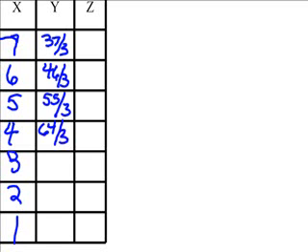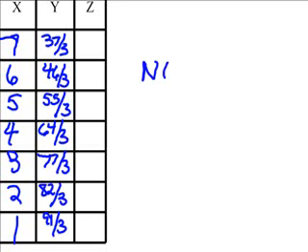No good. Plugging in a 3, I get 73/3. Still no good. Plugging in a 2, I get 82/3. That's not good. And now plugging in a 1, my last shot, I get 91/3, and that is not an integer either. So this Diophantine equation had no solution. There were no solutions to this problem.